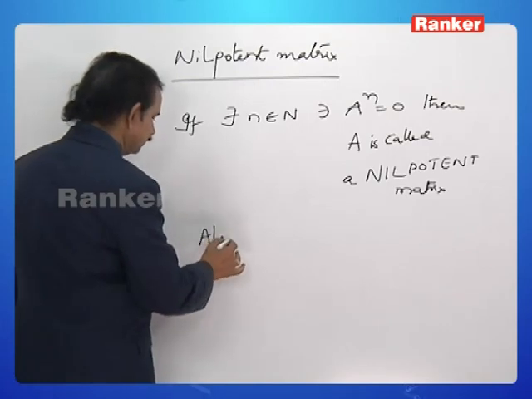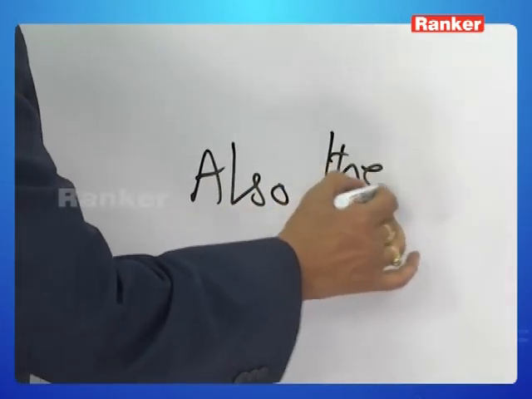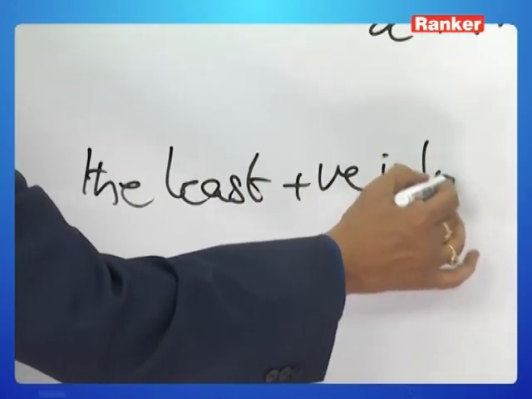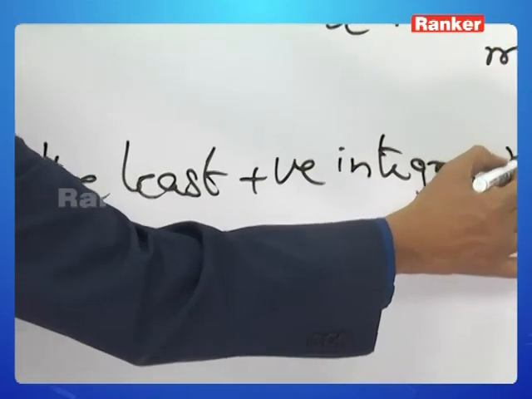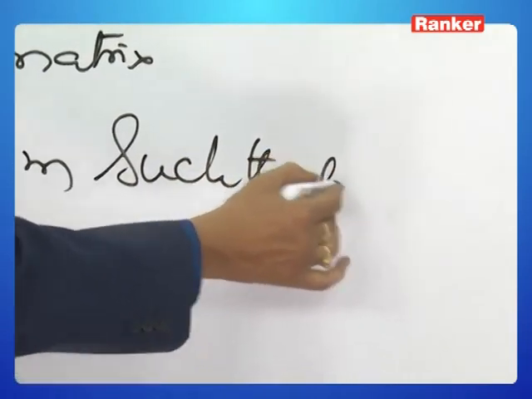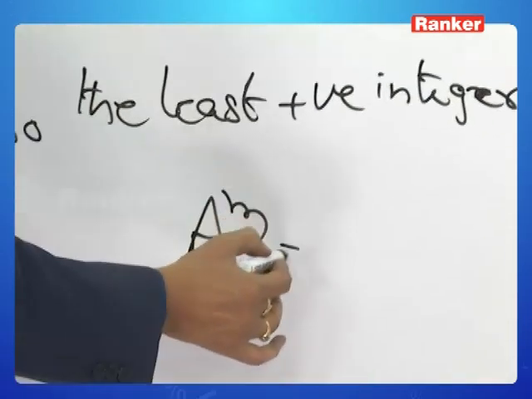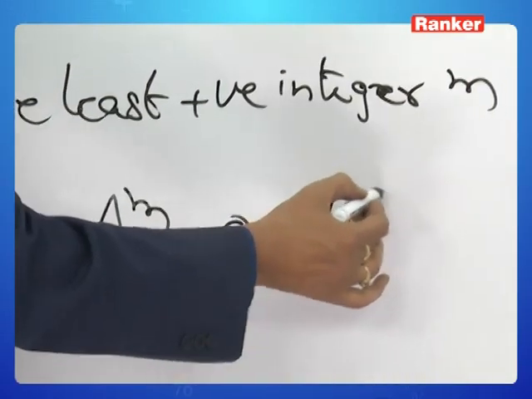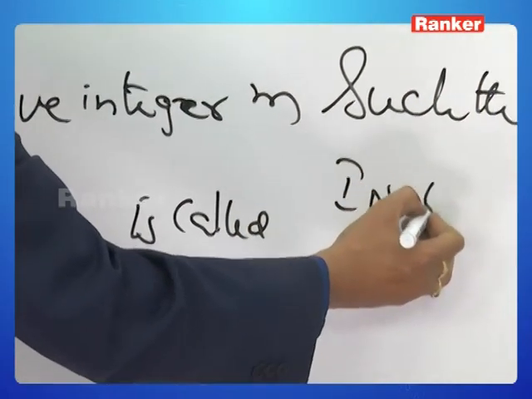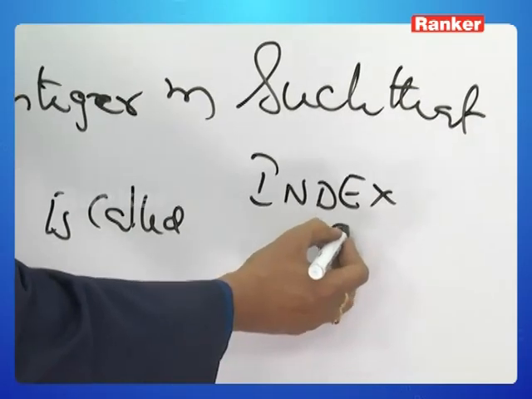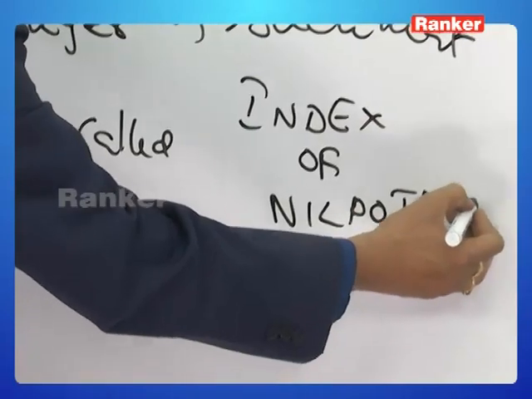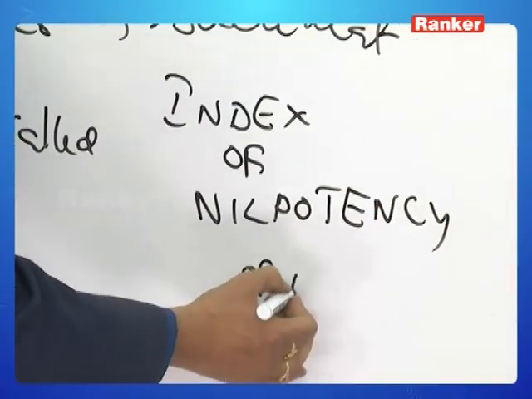Also, the least positive integer m such that A power m is equal to 0 is called the index of nilpotency of A.